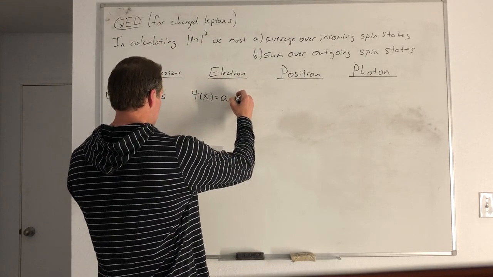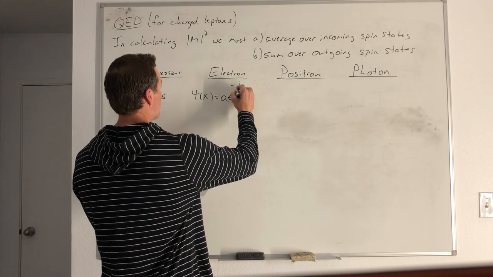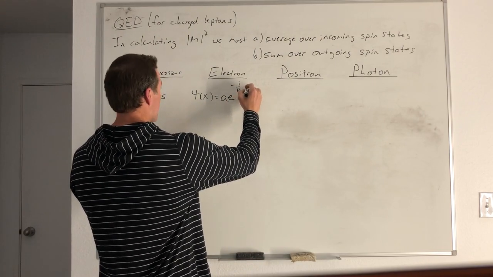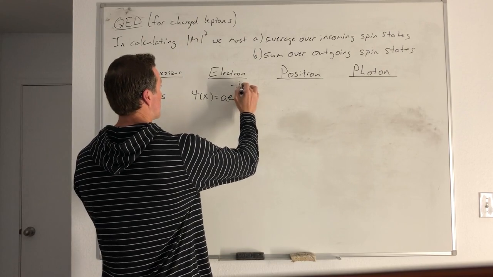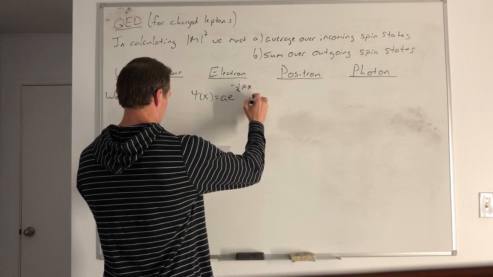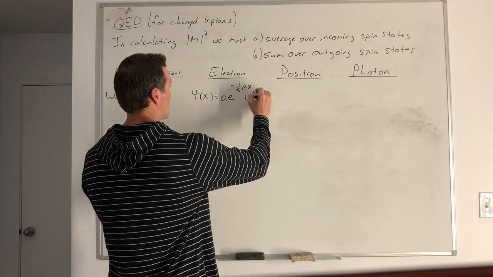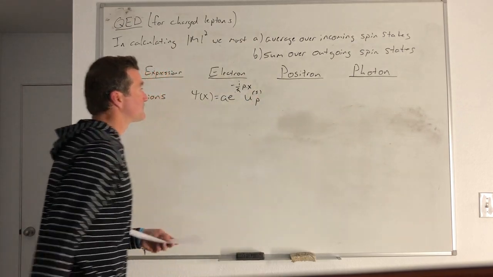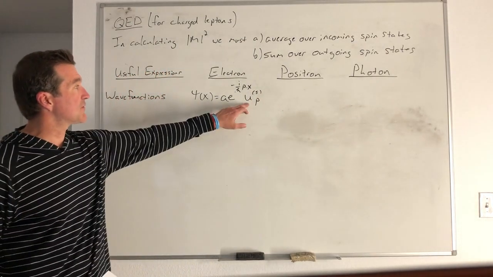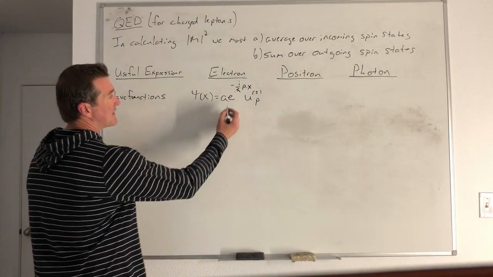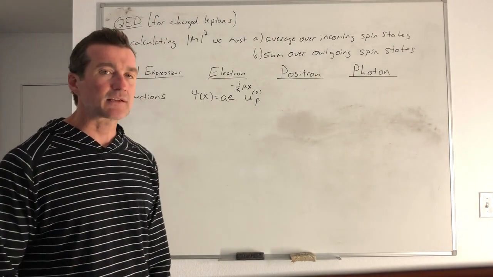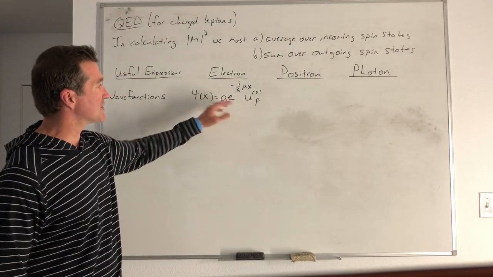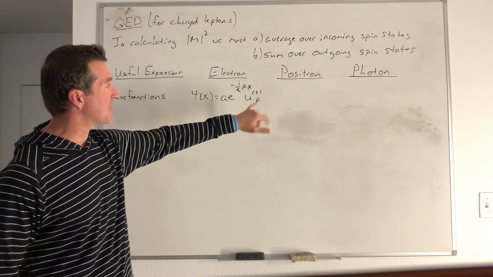So this is A e to the minus i over h bar p dot x times u^s(p). And I'll remind you what this is in a moment. But this exponential term, that's just propagating it along. That's basically the heart and soul of the Klein-Gordon version of this, because this thing can have some momentum.